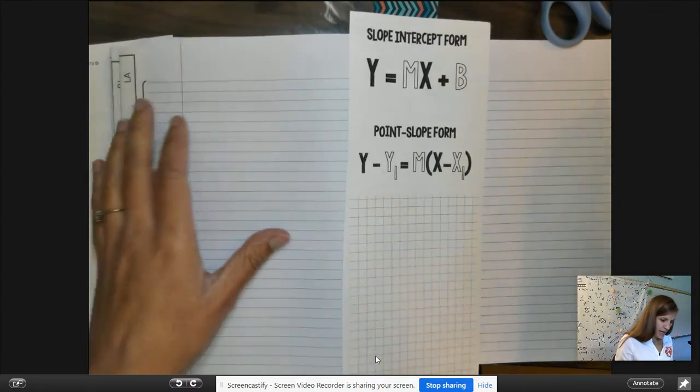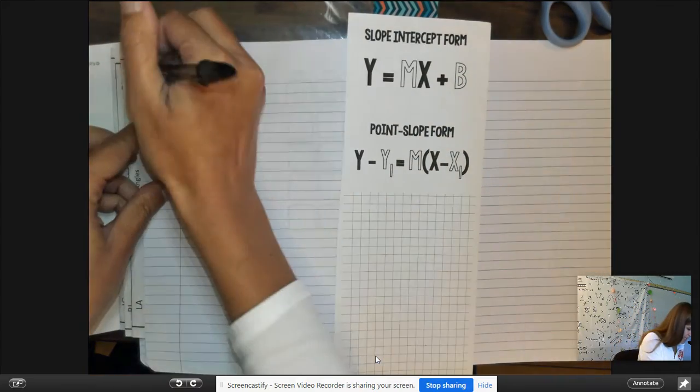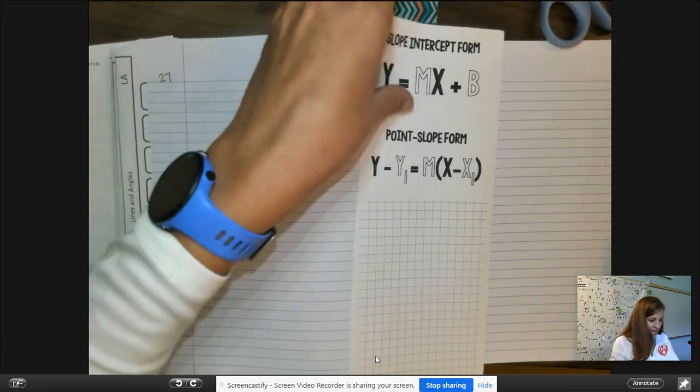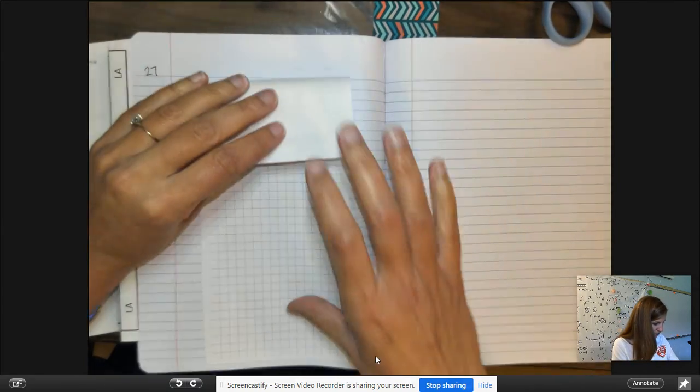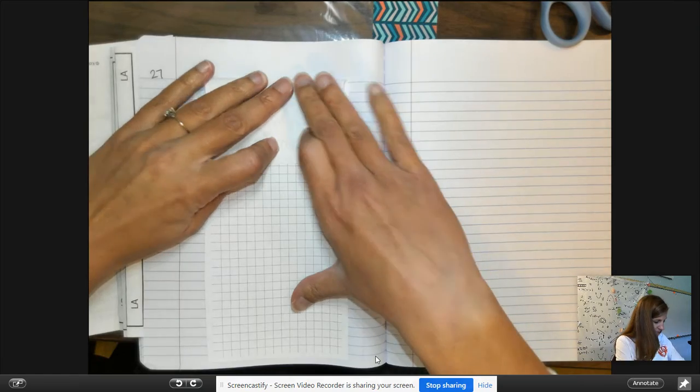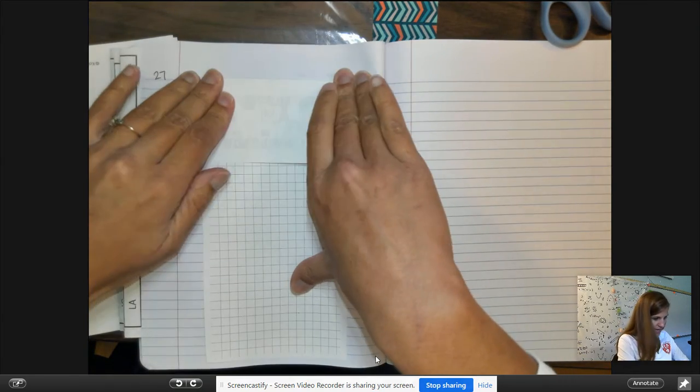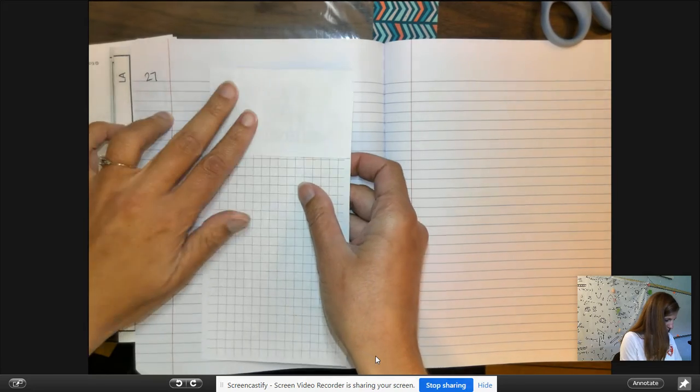This is going to go on, what did I just say, 27. And I think what I'm going to do is fold down the top right here like this so that it will fit in. Is that a little glue? Should do.